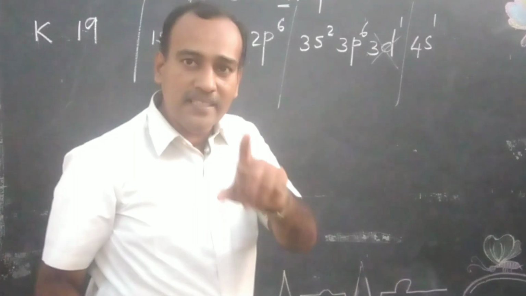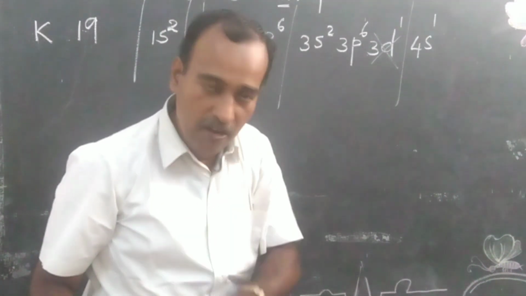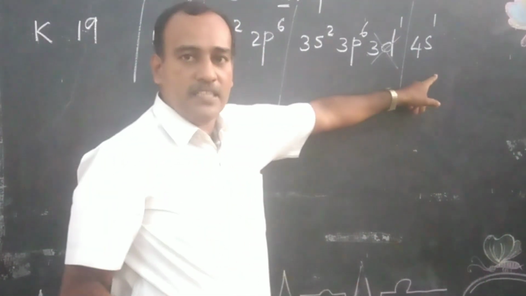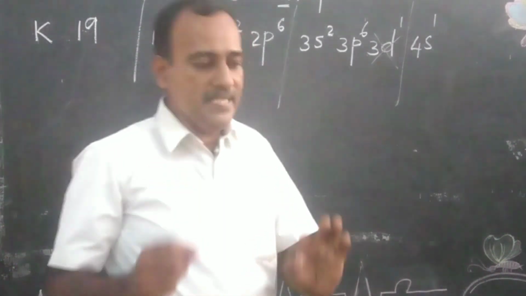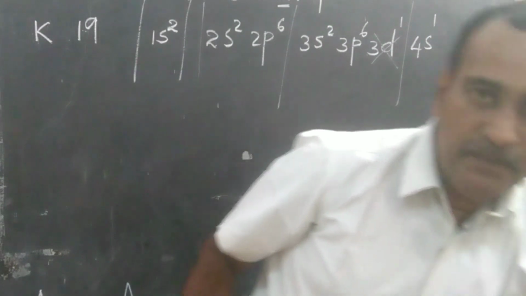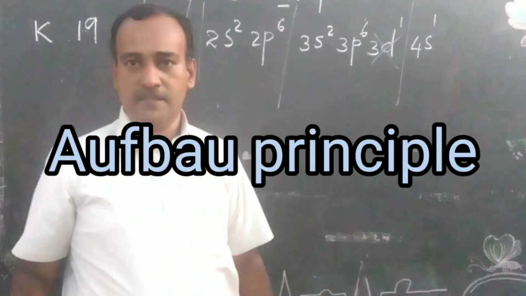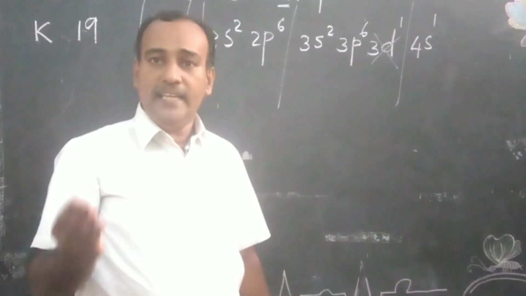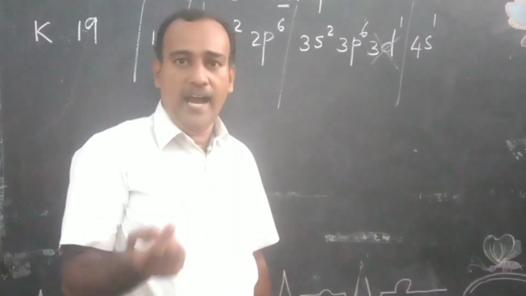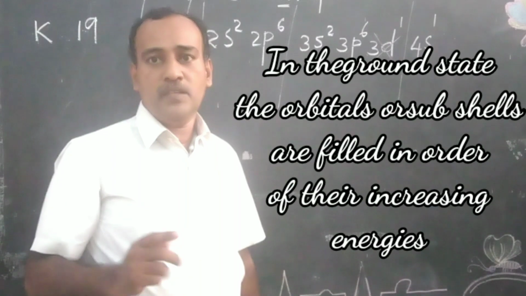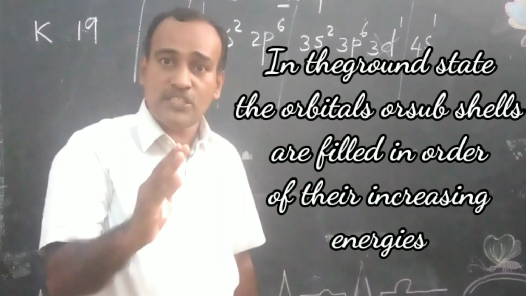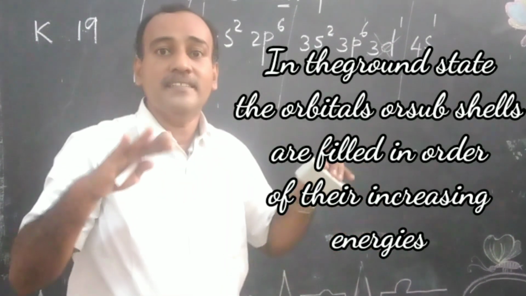But the correct electronic configuration of potassium is 4s1. Actually this is explained by a principle called the Aufbau principle. Electrons enter the subshells only based on energy state.